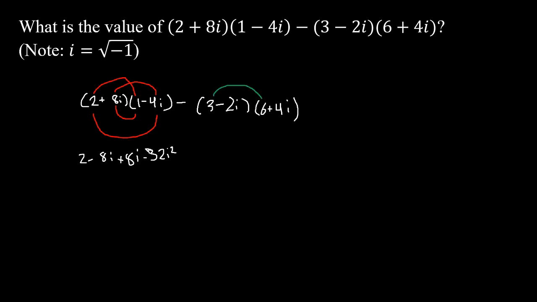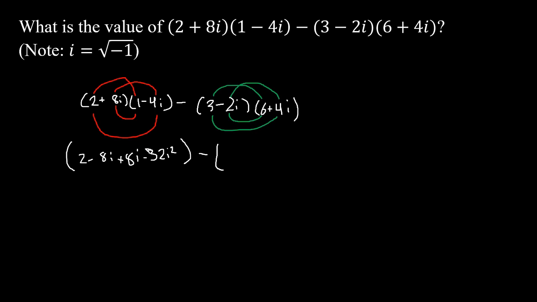And let's also distribute the other set of parentheses. So it's going to be 3 times 6, 3 times 4i, negative 2i times 6, and negative 2i multiplied by 4i. I'm actually going to put parentheses around this for now, and you will see why later.